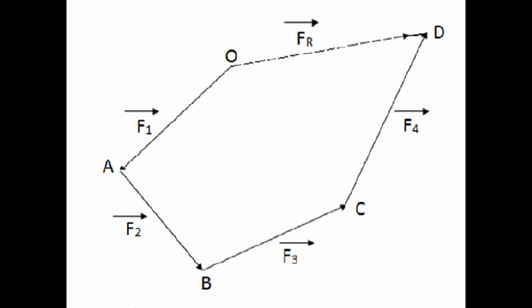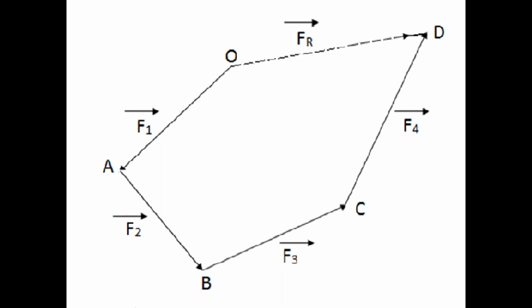So if the force system acting on the rigid body forms an open polygon, then that force system has the resultant force, the closing side of the polygon. So the force system is not in the equilibrium condition. But if, due to the force system acting on the body, we get a closed polygon, that is OA F1, AB F2, BC F3, OC F4, sometimes that happens.